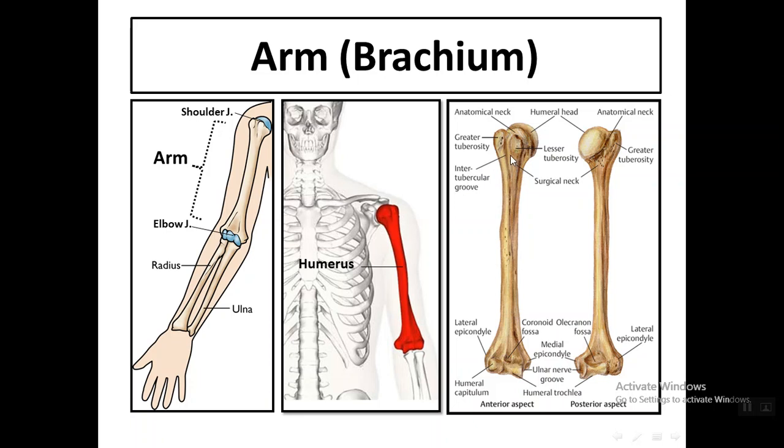The part that unites the proximal end with the shaft is called the surgical neck. The distal end of the humerus has articular and non-articular parts. The articular part shares in the formation of the elbow joint, while the non-articular part doesn't share in the articulation.